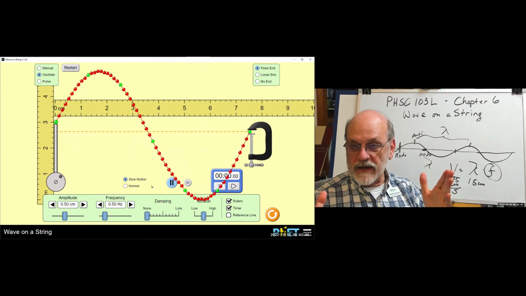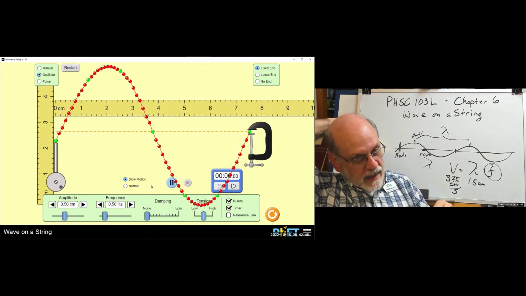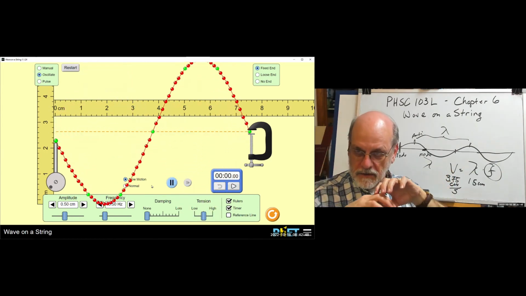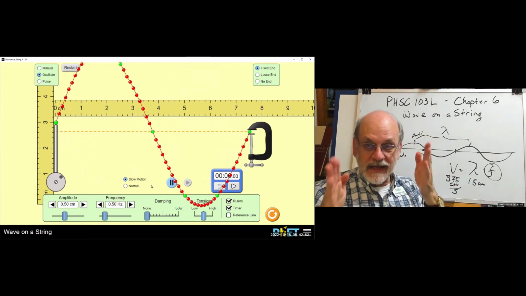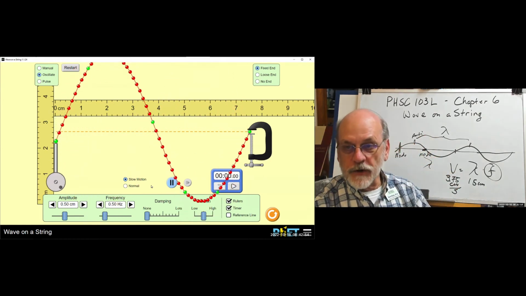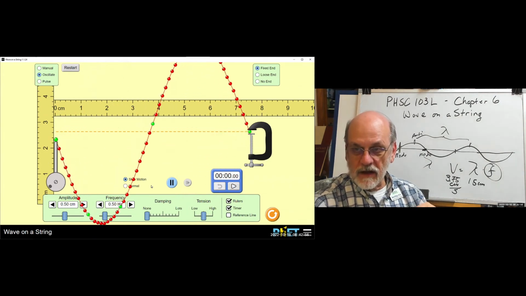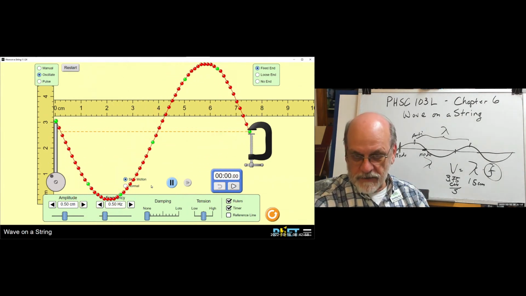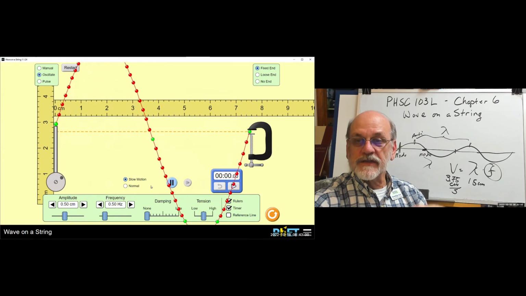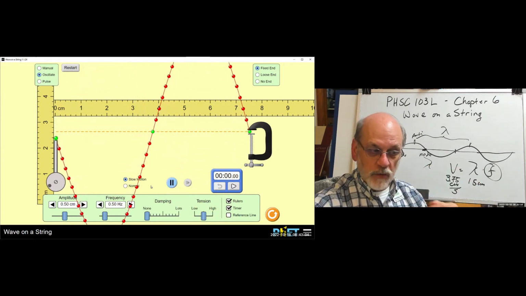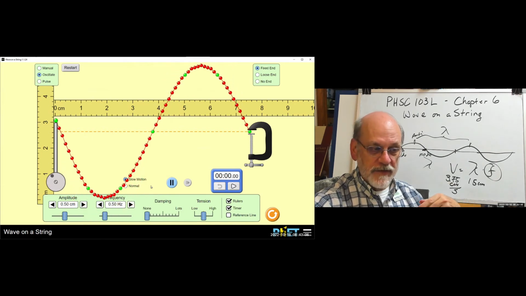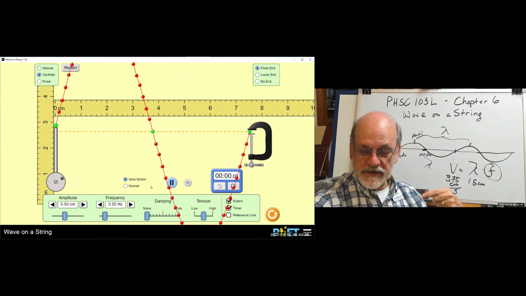That's a standing wave. And you have many standing waves that can happen within that length. The first harmonic is the longest standing wave. The second harmonic is the next shortest wave, and its wavelength is equal to half of the first standing wave.